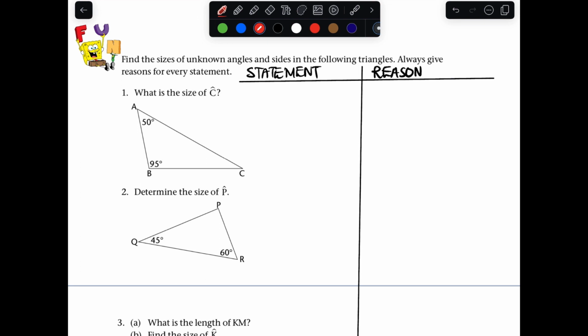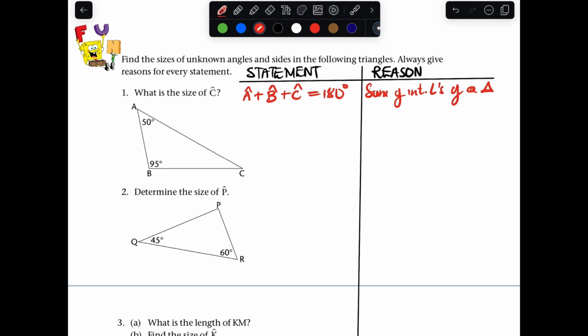So what we're going to do, we're going to use the sum of the interior angles. You can say angle A plus angle B plus angle C equal to 180. The reason for that, we'll say it's the sum of interior angles of a triangle.